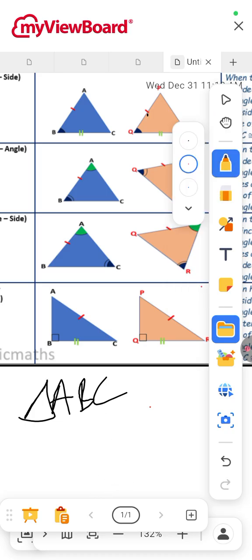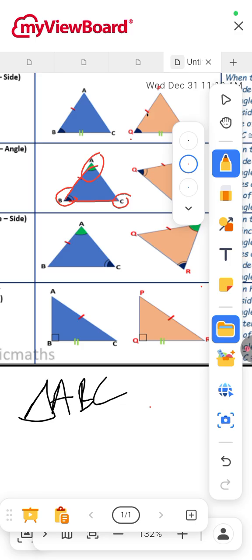If you look at it, I moved from angle A, moved through the non-included side to another angle B, then to the side facing angle A towards angle C.